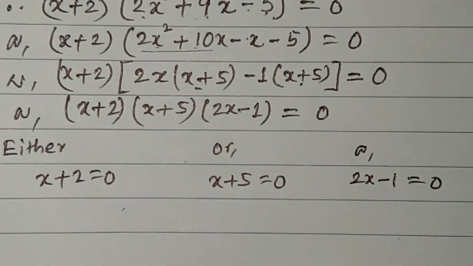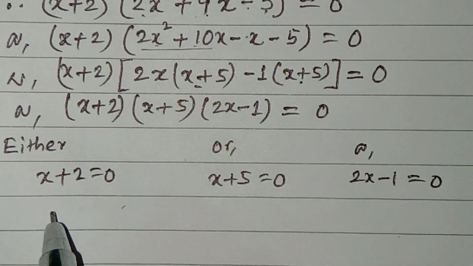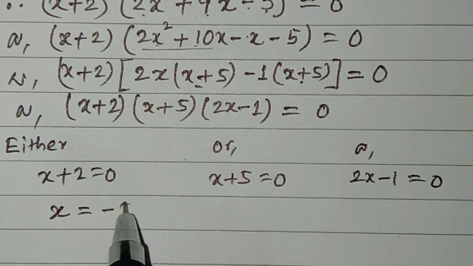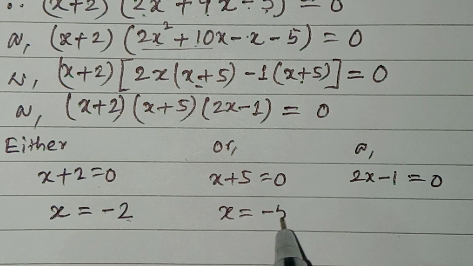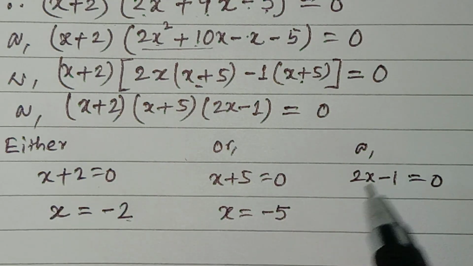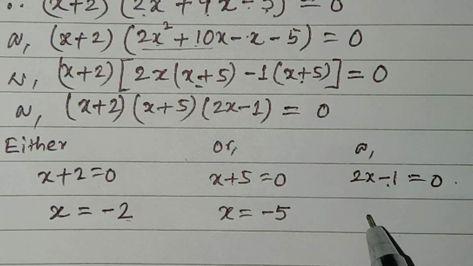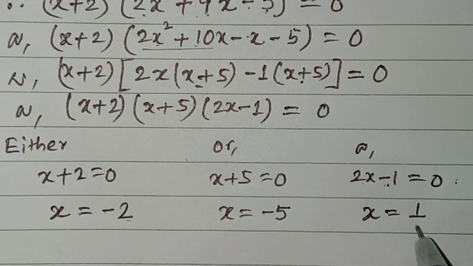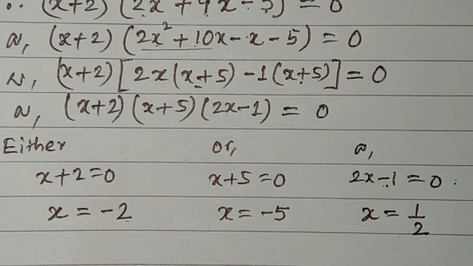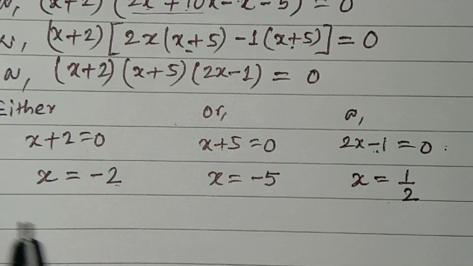From here I get x is equal to minus 2, and from here I get x is equal to minus 5, and from here I get 2x equal to minus 1, 2x equal to 1, x equal to 1 by 2. So I got all the solutions.